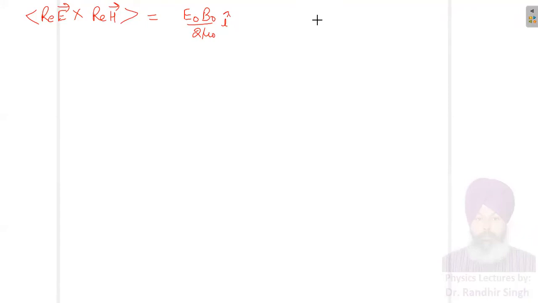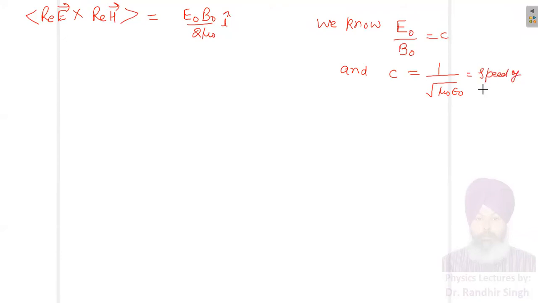We know that the amplitudes of electric and magnetic field are related by the following result: E0 upon B0 is equal to c. And we also know this result, that c is equal to 1 upon square root of mu 0 epsilon naught. It is the speed of electromagnetic waves in vacuum.